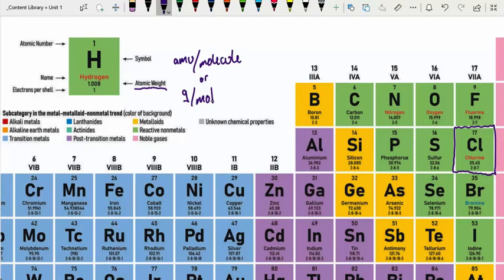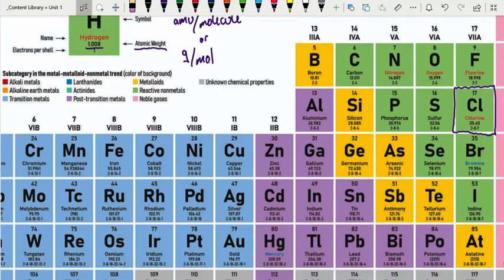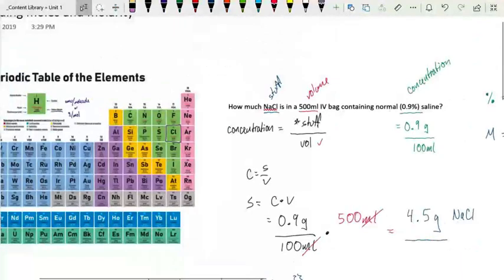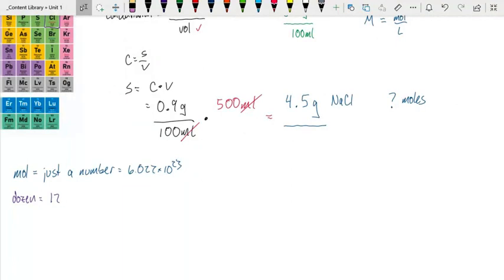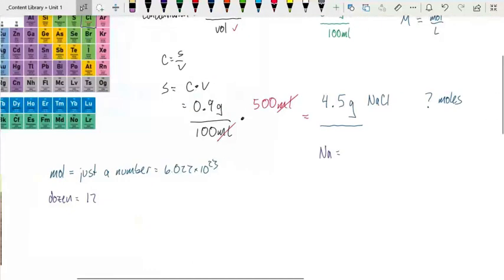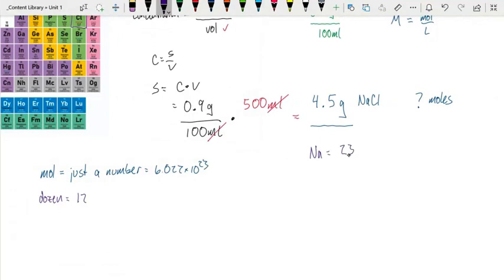In other words, hydrogen weighs 1.008 grams per mole. Chlorine, if we look over here at chlorine, number 17, weighs 35.45 grams per mole. So now we have our conversion factor. We can come back to answer this question. If we look at the periodic table, sodium weighs approximately 23, it's 22.99, we'll round, 23 grams per mole.